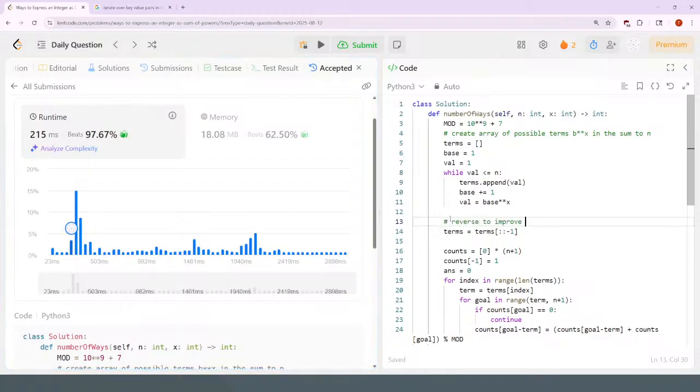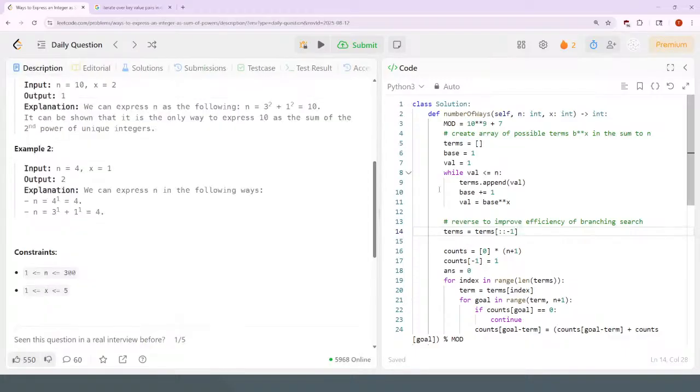Just to improve efficiency of branching search. The bigger numbers just eliminate more of the possibility tree than the smaller numbers of your branch factors. It is smaller if you use bigger numbers to remove from n.